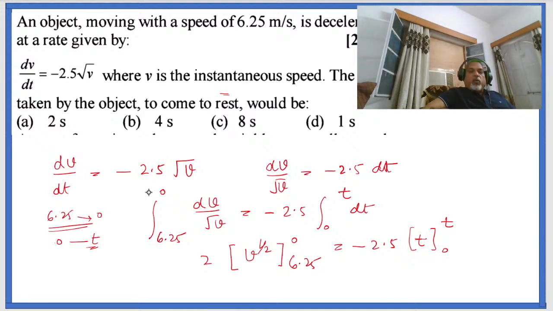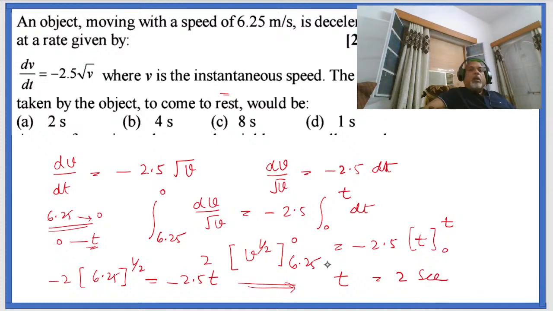So if you solve this, minus 2 into root 6.25, that is 1 by 2, will be equal to minus 2.5 t. This will give you t is equal to 2 seconds. Correct?